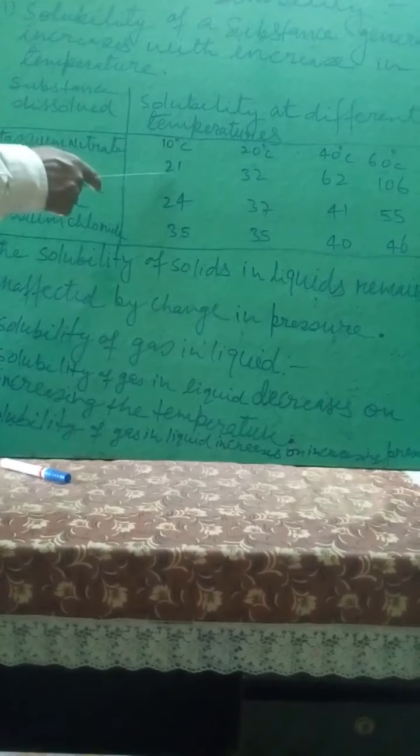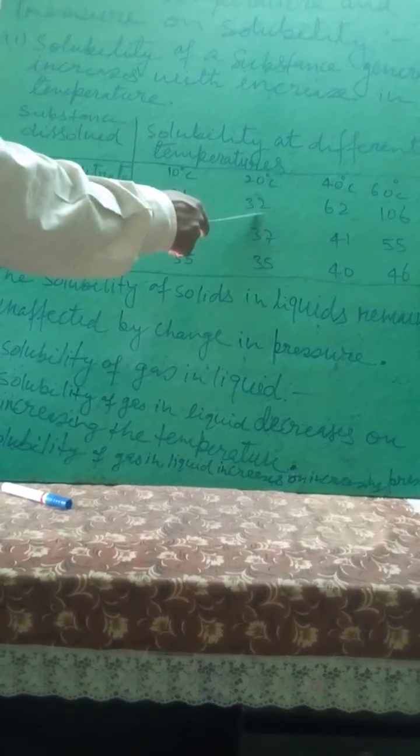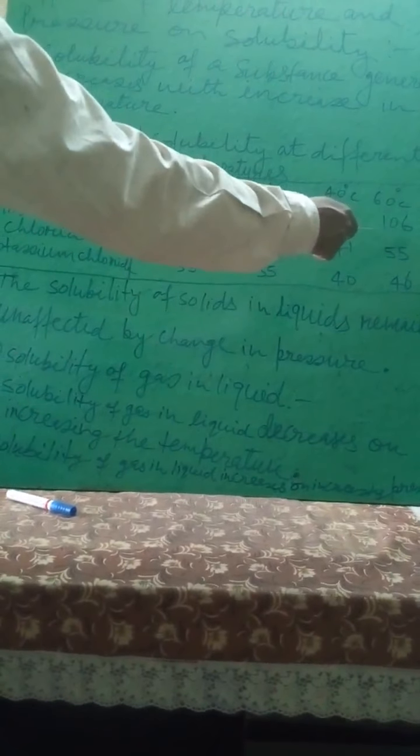At 10 degrees centigrade, the solubility is 21. At 20 degrees centigrade, solubility is 32. At 40 degrees centigrade, solubility is 62. At 60 degrees centigrade, solubility is 106.